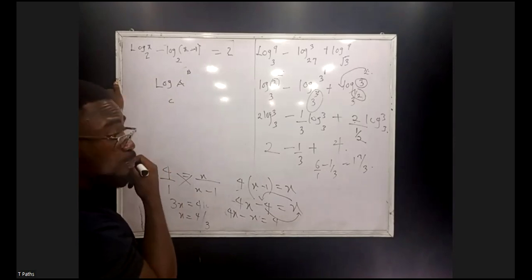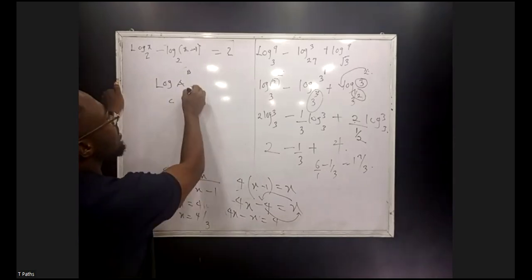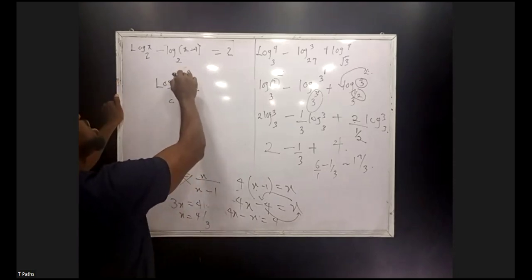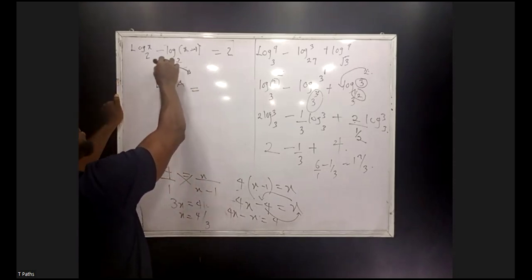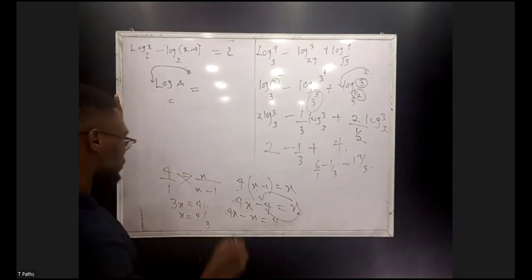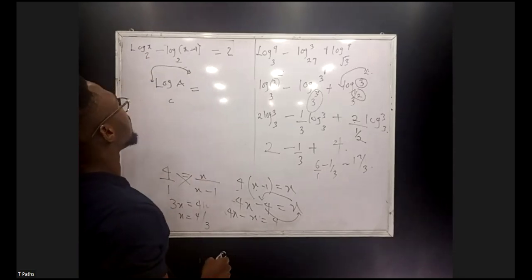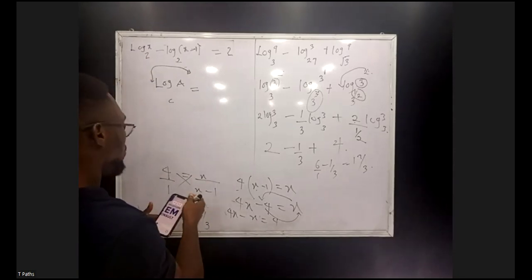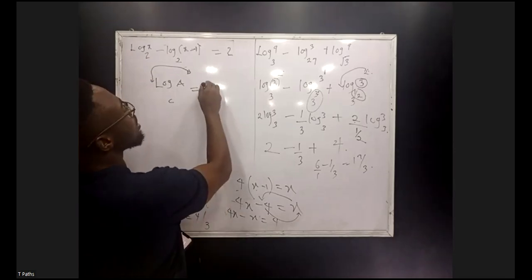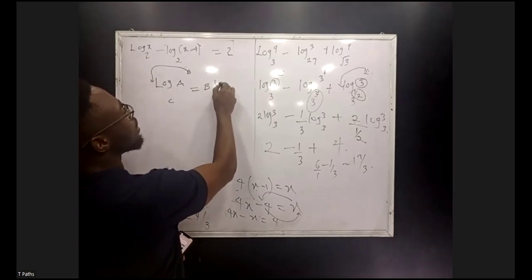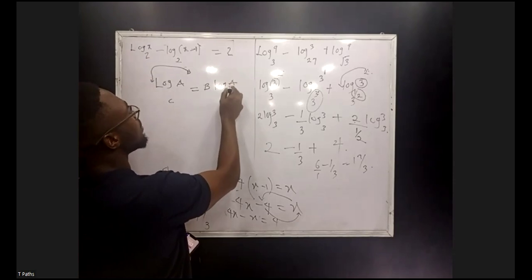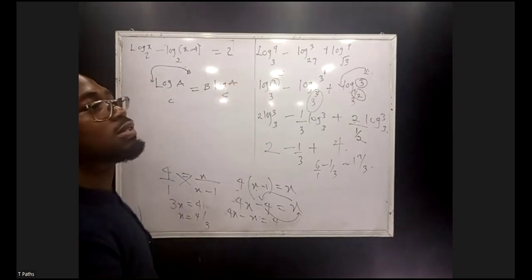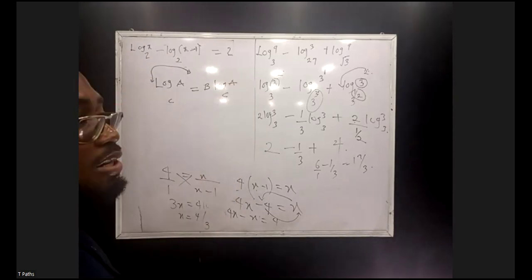The base does not have a power. This is equal to, because it's only this one that has a power, this guy will come down. When it comes down, what does it become? It becomes B log A to base C. That's the first instance.